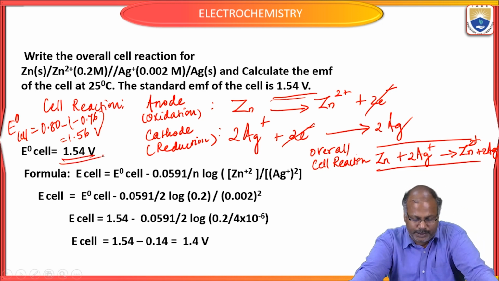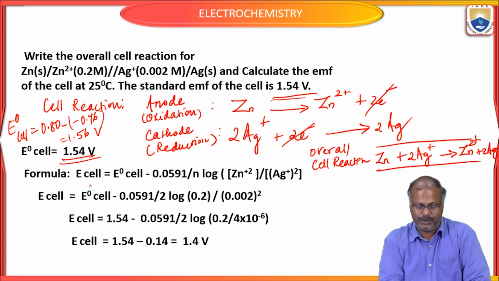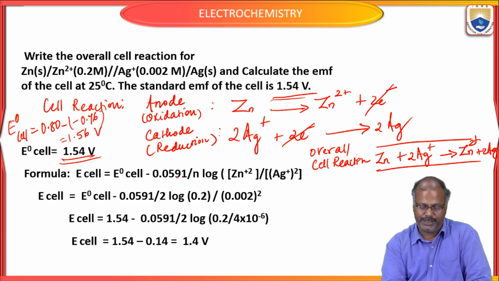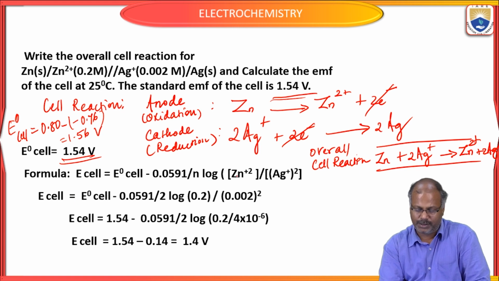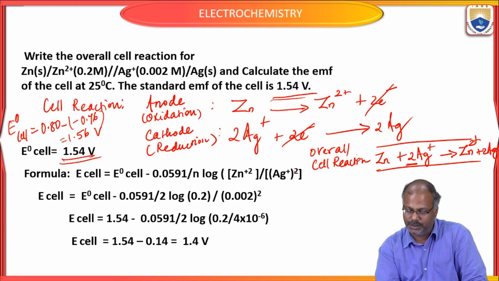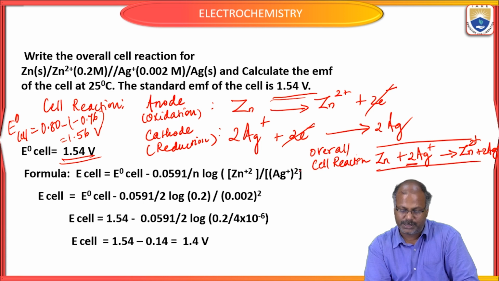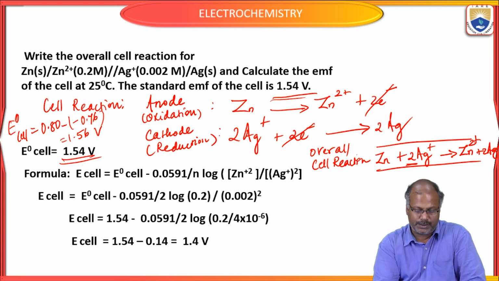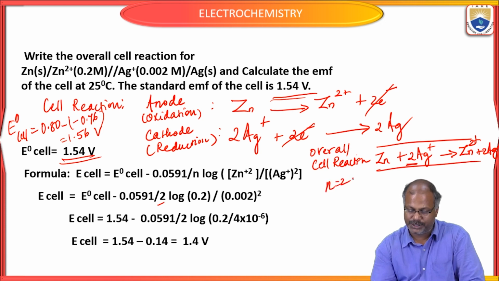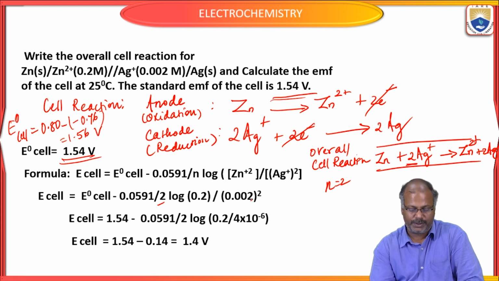Okay, no problem. So EMF of the cell is equal to standard EMF of the cell minus 0.0591 by n, this is the Nernst equation, log of concentration of product zinc 2 plus divided by reactant Ag plus square. This 2 will go here, since it is 2 moles of Ag; when writing concentration, it goes as a power. 2 electrons are involved, so n is equal to 2 in this reaction. Concentration of zinc plus is given, concentration of Ag plus is also given.